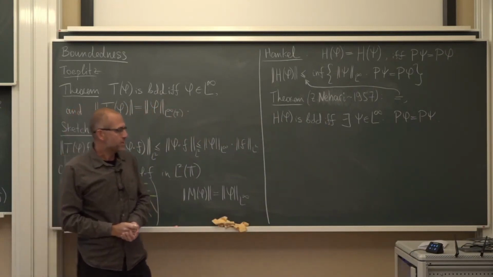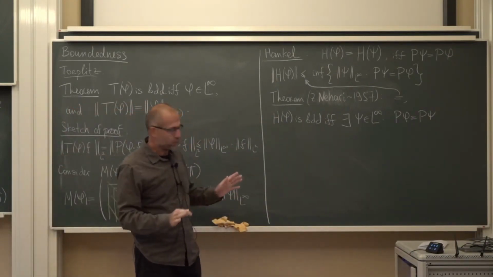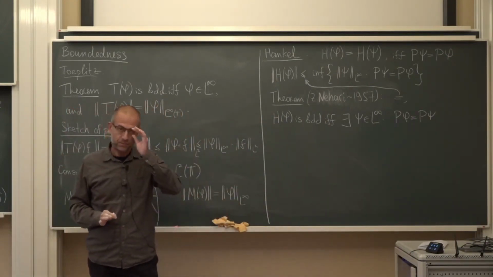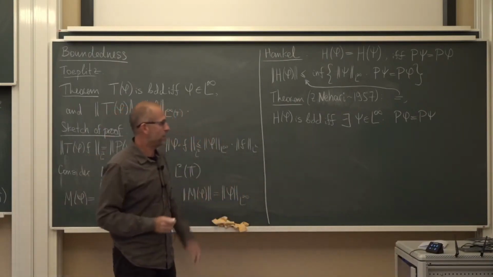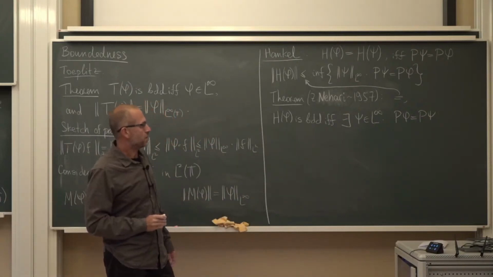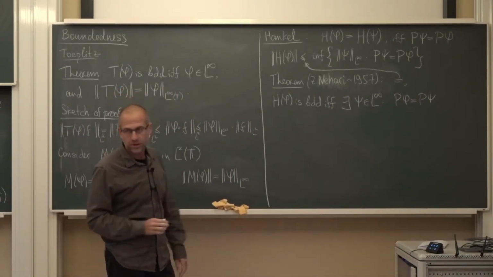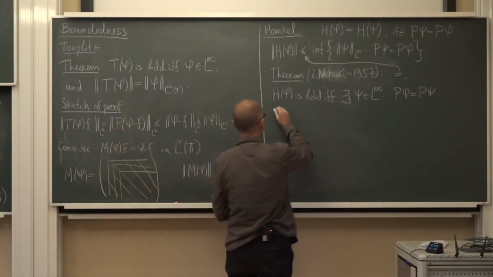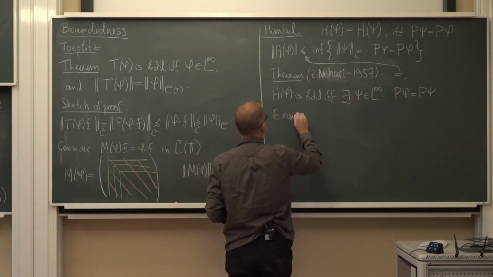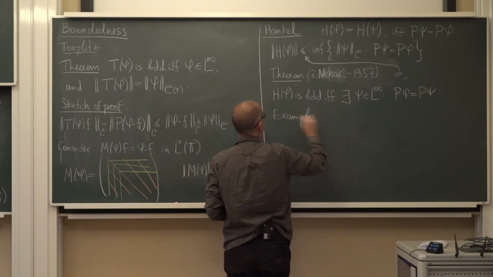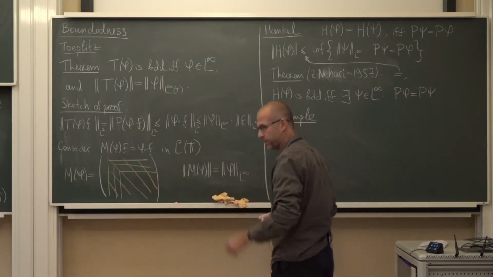Okay, so let me give a standard example. I'm not going to prove it. It's not difficult, but I don't want to do it. Instead, I will give a simple example. I think I'll give this example, then we'll have a break.